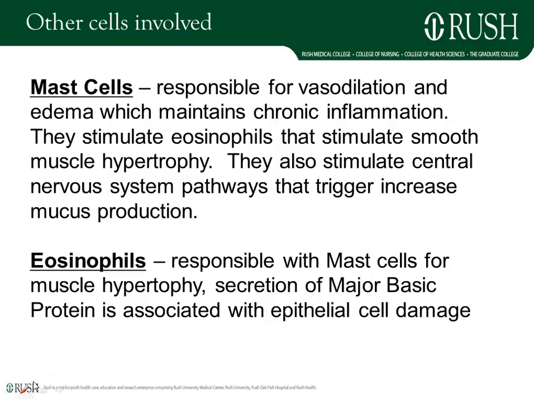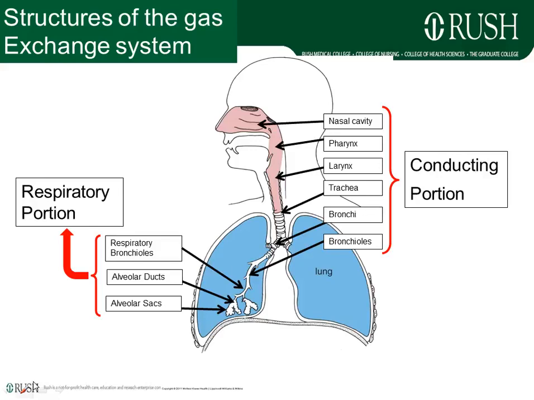So it's really a chain of events here. The eosinophils are, as I said, responsible for some of that hypertrophy, as well as secreting major basic protein, which damages the epithelial wall. So there's a lot of events going on here in asthma.